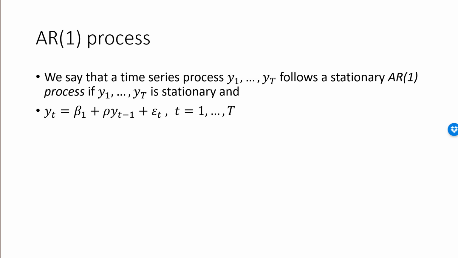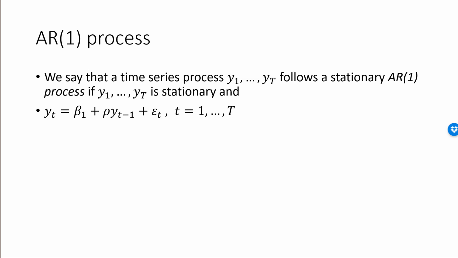You can view this as a linear regression model where the only explanatory variable is the lagged dependent variable, and where we have no other exogenous variables that explains YT.